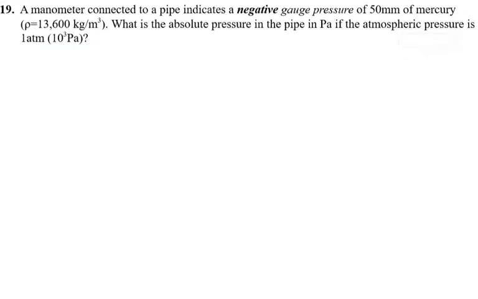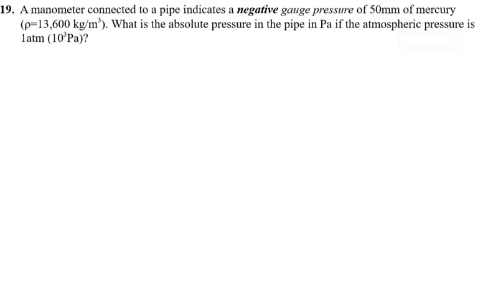In this question, they say that a manometer connected to a pipe indicates a negative gauge pressure. That means the pressure inside of the gas is lower than the pressure outside. That means that the height of the mercury is 50 millimeters lower for the inside of the container than outside.